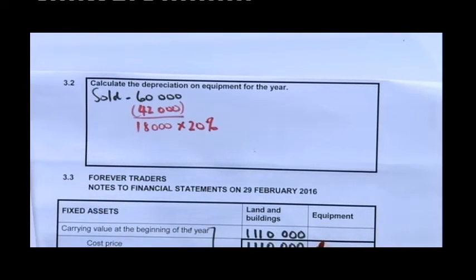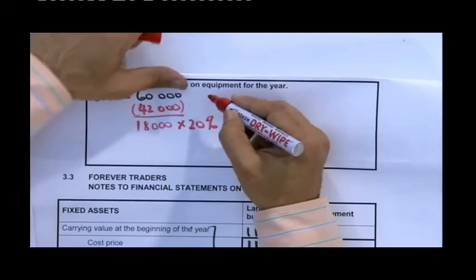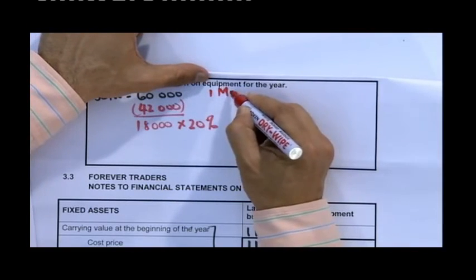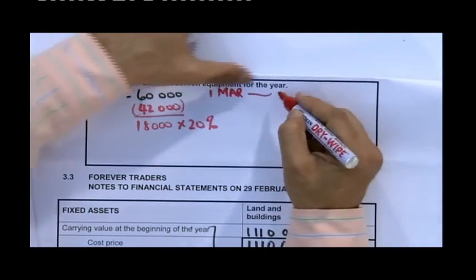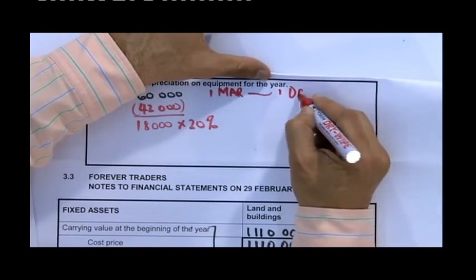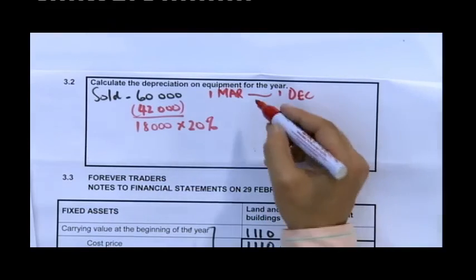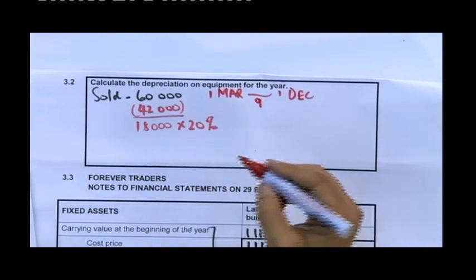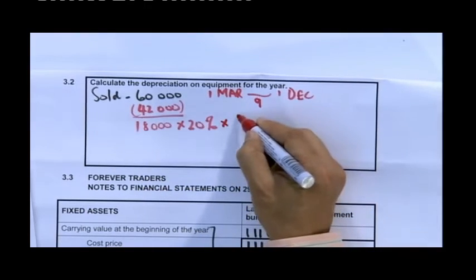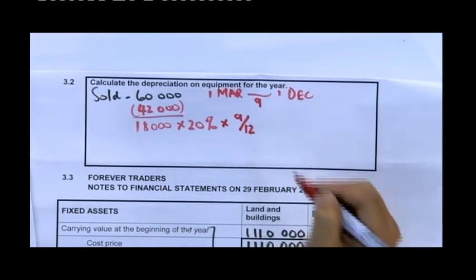Now it's important to find out when this equipment was sold. Right? Now it says on the 1st of December. But your financial year starts the 1st of March. So you have to look at the dates from the 1st of March until the 1st of December. And that gives you 9 months, which means that equipment aged for 9 months before you sold it.